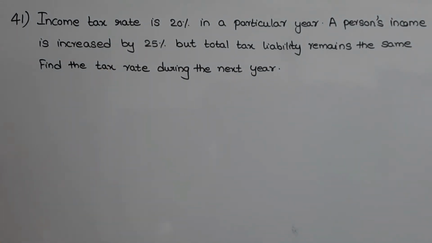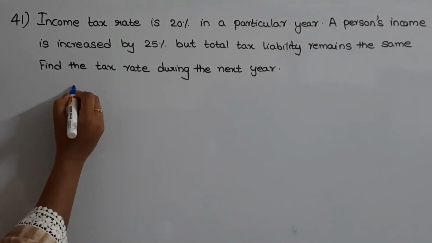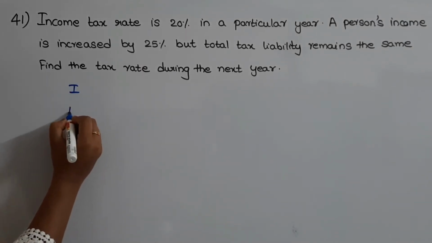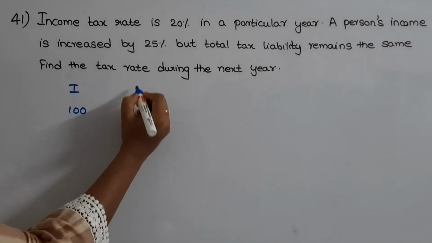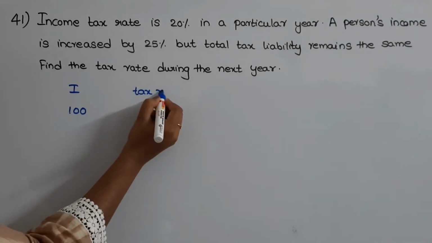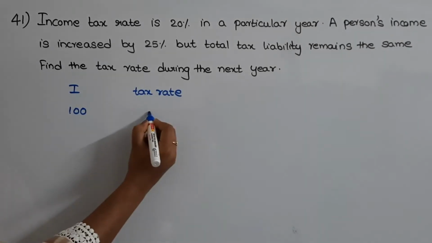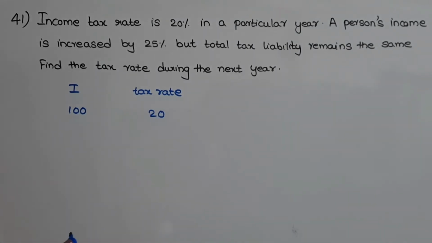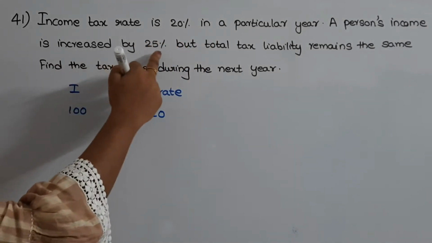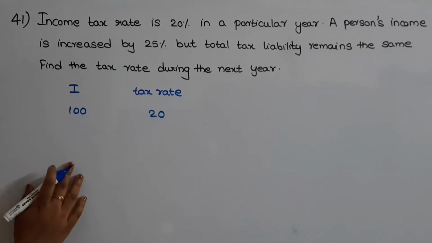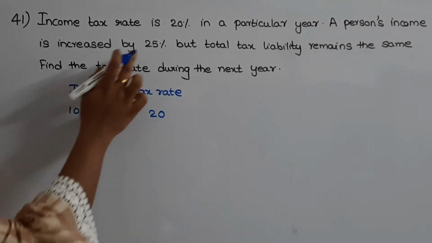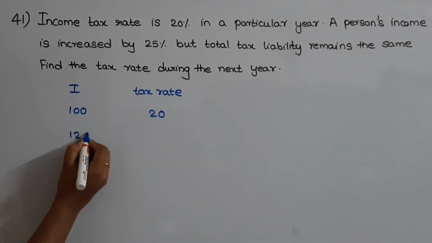So initially let us consider the income of the person as 100. At that time the tax rate is given as 20%. Then the salary of the person is increasing by 25%, which means the new salary will be 100 plus 25, that is 125.